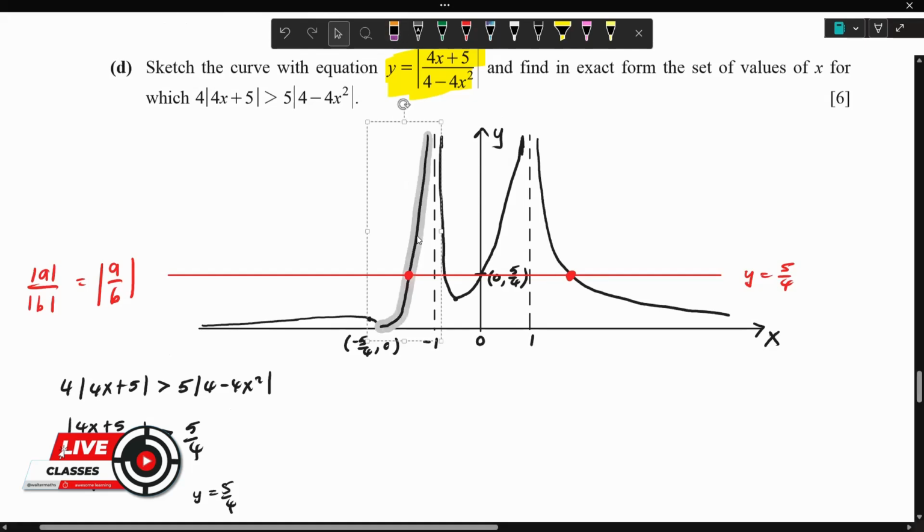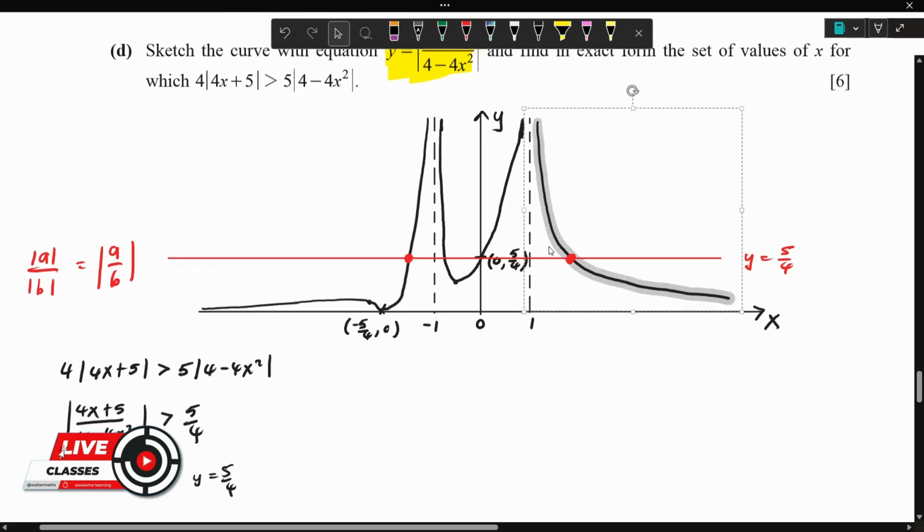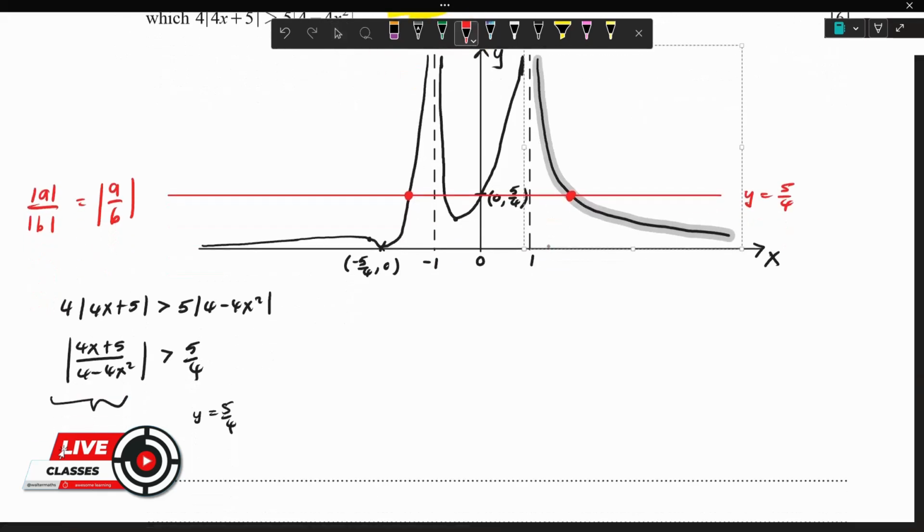You see how we reflected this part from the original, and we reflected this line segment as well from the original. So these are reflected line segments. So this is when the graph for 4x plus 5 over 4 minus 4x squared, actually minus because it's reflected, intersects 5 over 4. So it's minus of 4x.